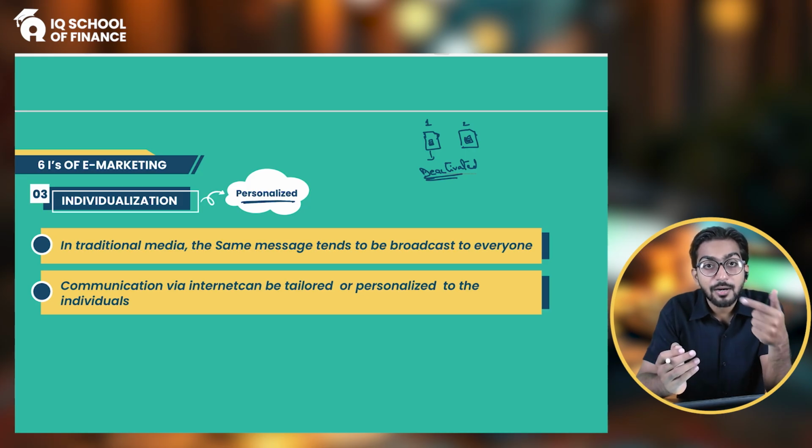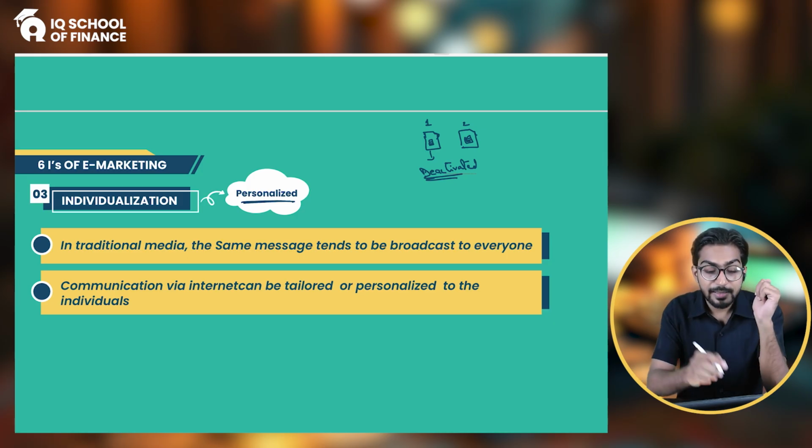So they give you the suitable or matching offers or bundles, so that you will be more attracted and more persuaded towards making the purchase. And that is what we call personalized marketing.